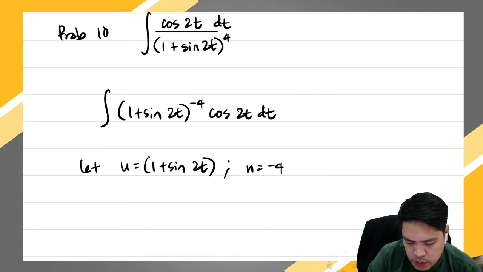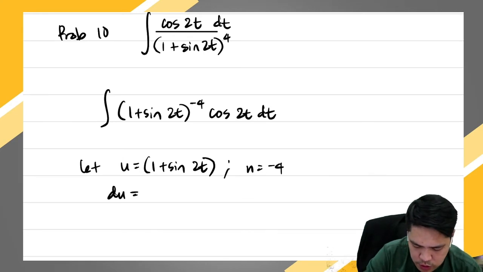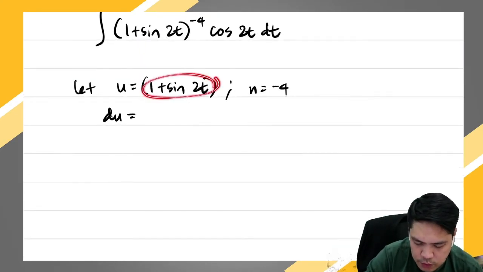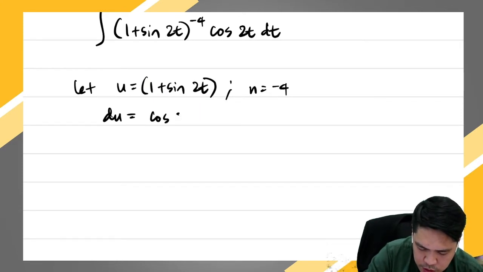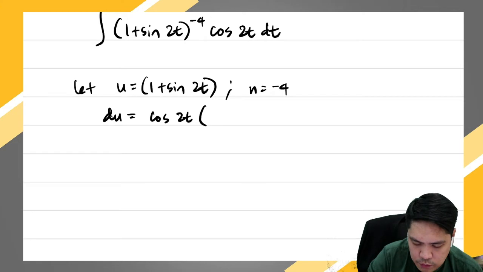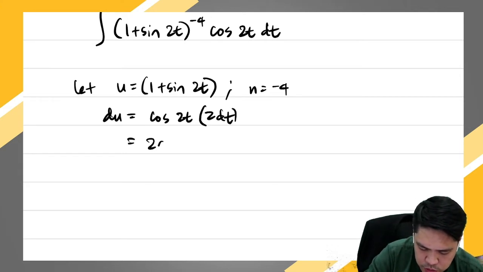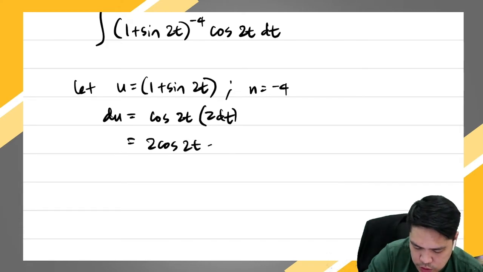It follows that du is equal to the derivative of this, which is 0 plus the derivative of sine, which is cosine 2t, times the derivative of 2t, which is 2 dt, so that would be 2 cosine 2t dt.